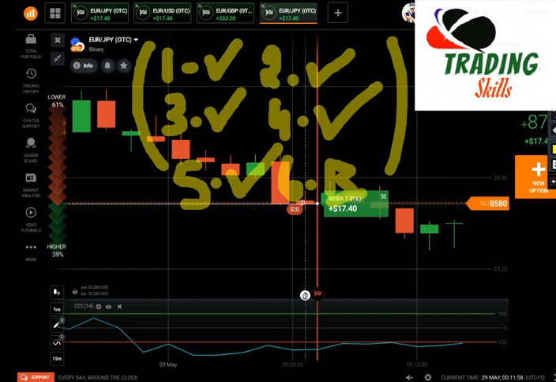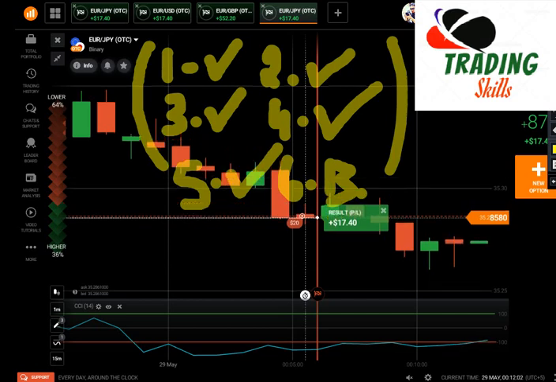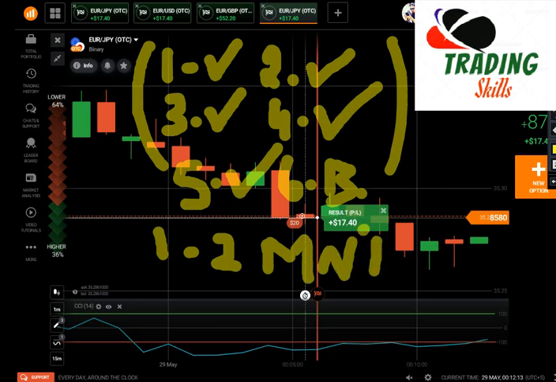So if you have these 6 topics, you will get each and every point after 1 to 2 minutes. Okay, but always follow the rules. If you follow the rules, your winning ratio will be 90%. If you are not following the rules, then don't trade. Then don't trade at all.